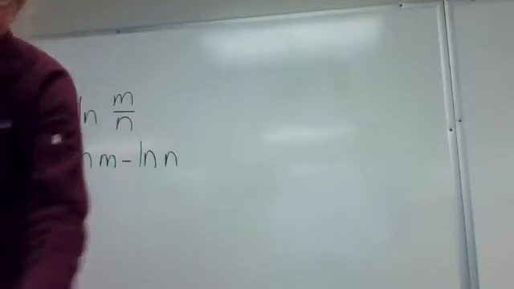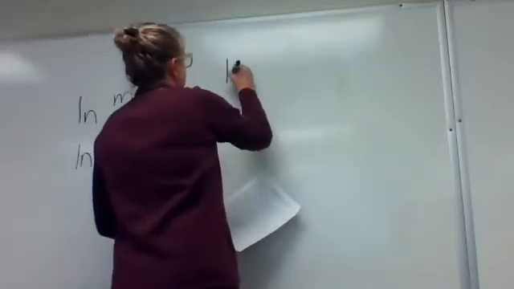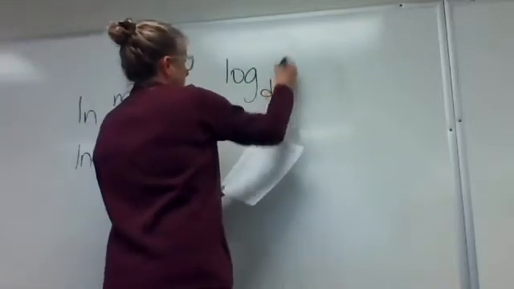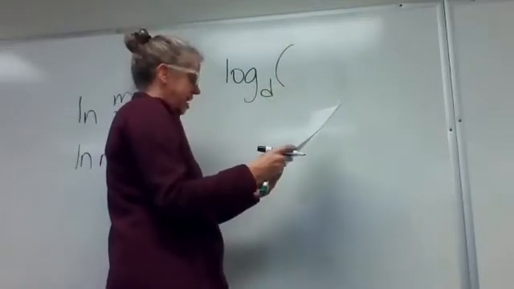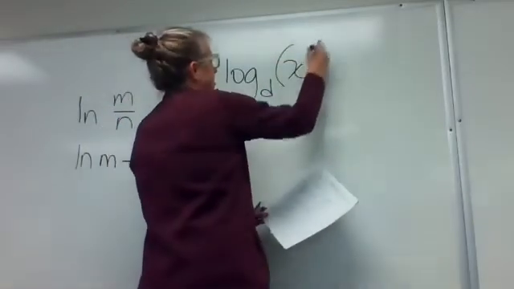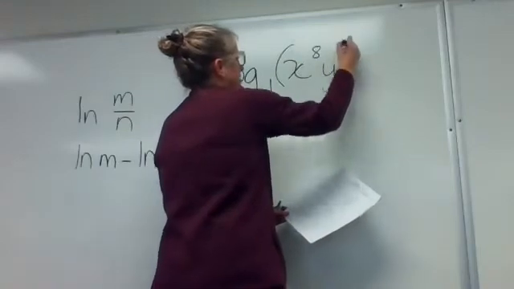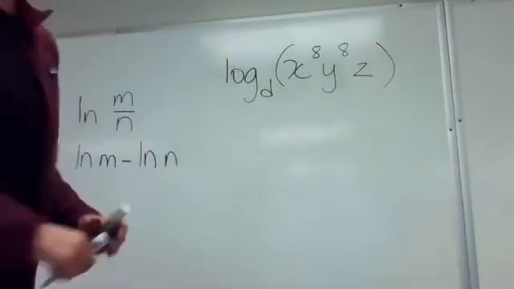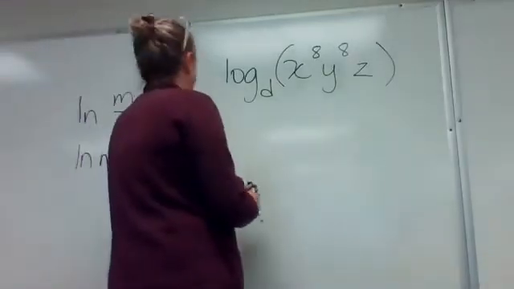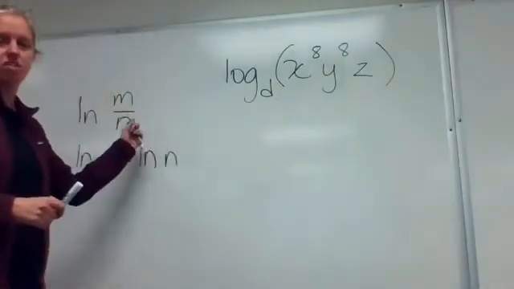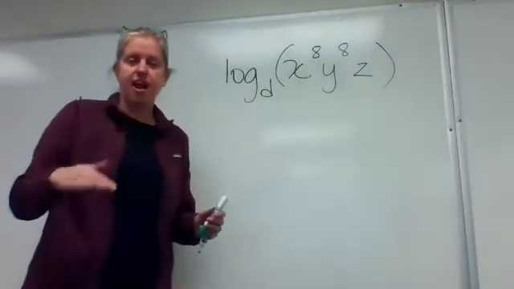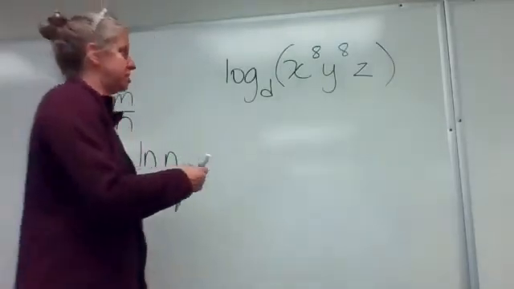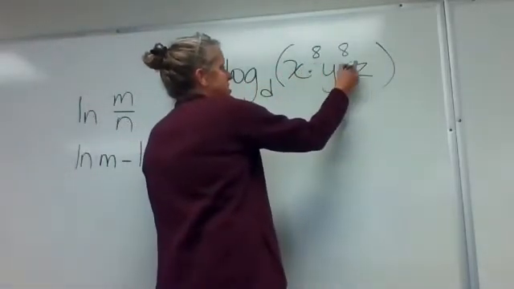We've got log base d of x to the 8th, y to the 8th, z. Okay, so it says to rewrite as the sum or difference. There's not going to be any difference or subtraction, right? Because there's not any fractions. There's not any division showing. This is all going to be rewritten as the sum, right?